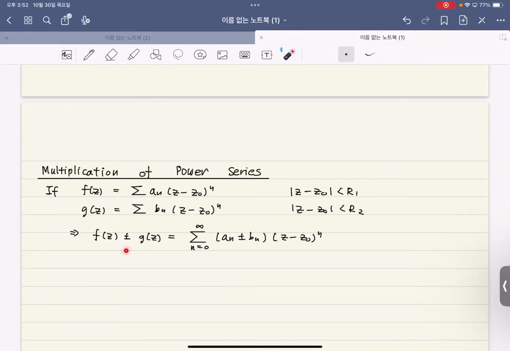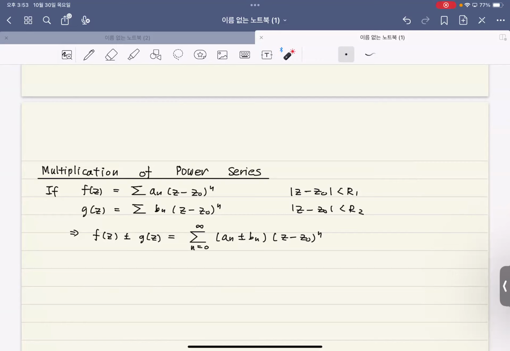The addition or subtraction of these two power series has a coefficient that looks like this. How do I prove this? Well, this is not a big deal because we are talking about the summation of the infinite series, and the convergence of the infinite series is well defined by the partial sum sequences.